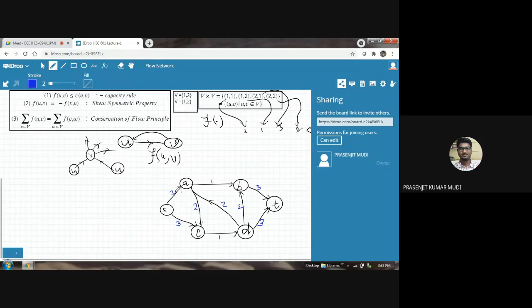Okay, so the blue color labels, what are those? These are capacities of the edges.